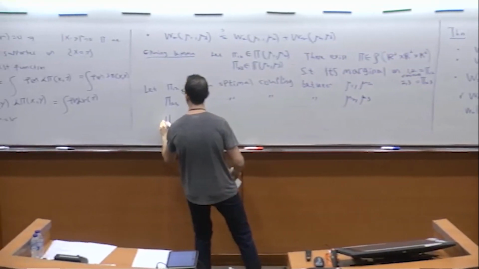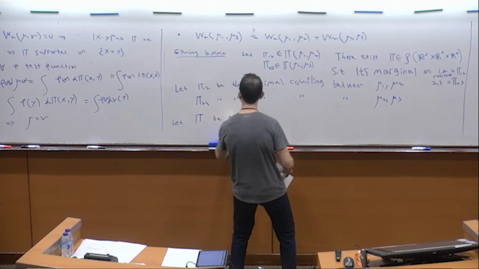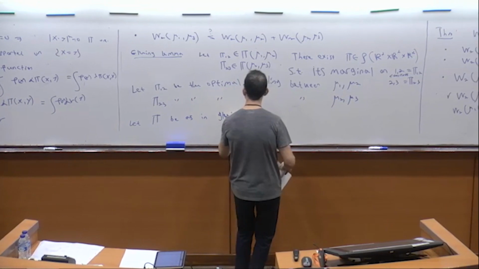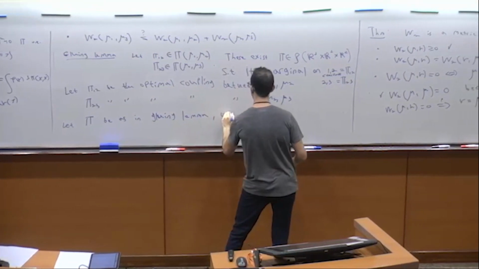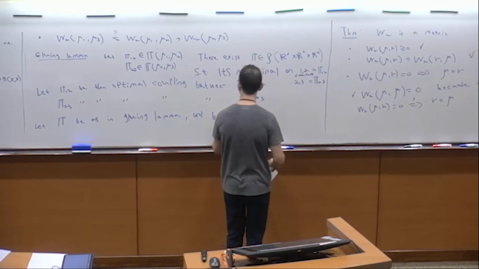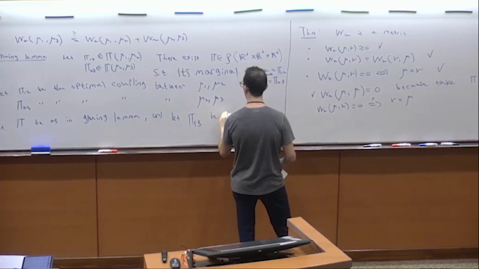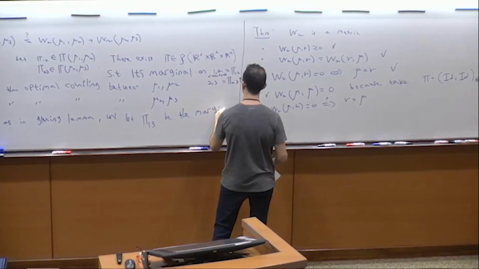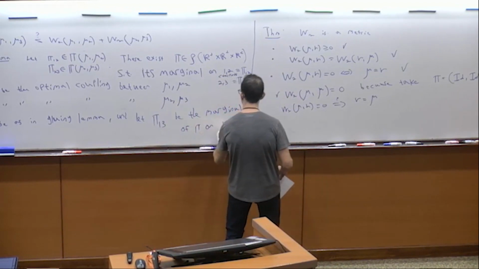And now let's take pi as in the gluing lemma, and let's call pi 1, 3 the marginal of pi on the 1, 3 coordinates.